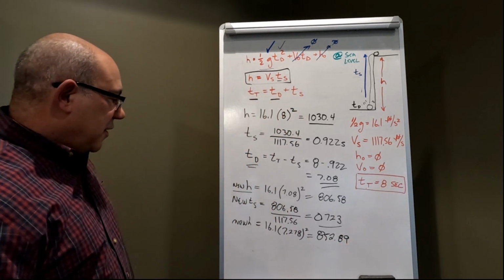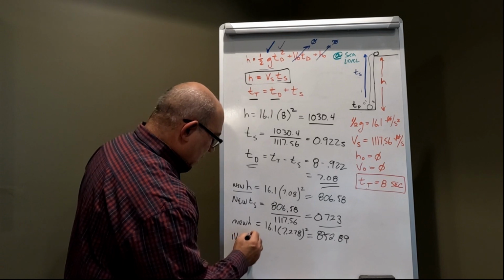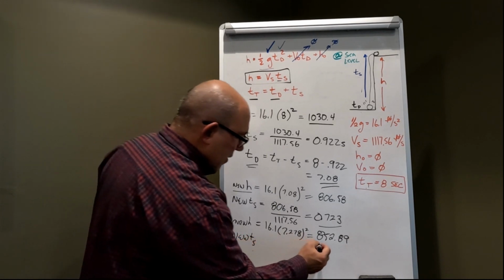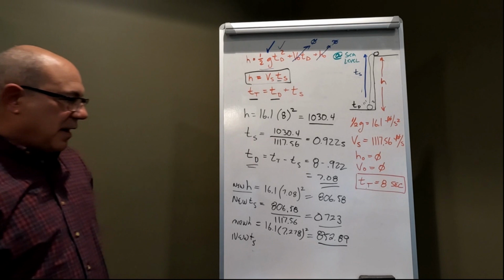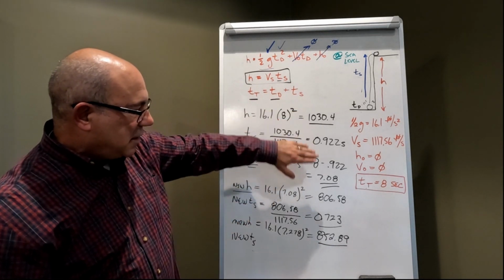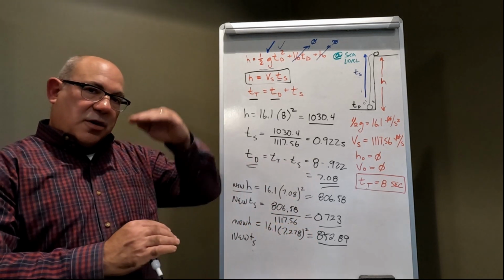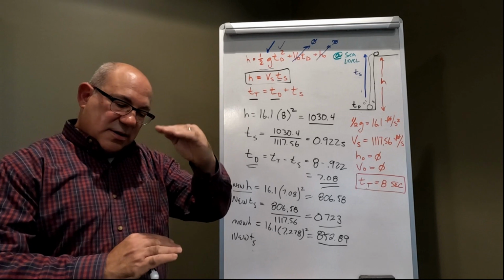Okay, so at this point we're going to calculate a new time for sound based on this 852.89. You can see we went from 1030 to 806, back up to 852, and we're going to go high and low, and zero in on that time.